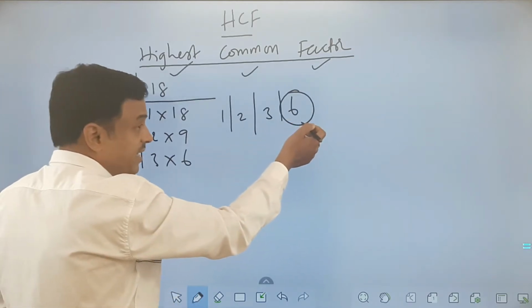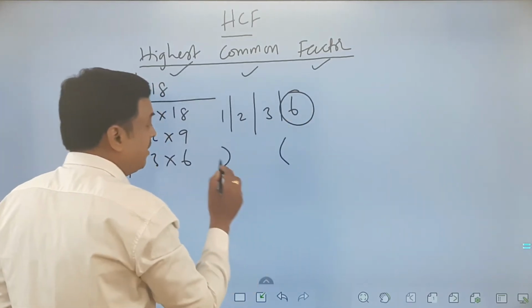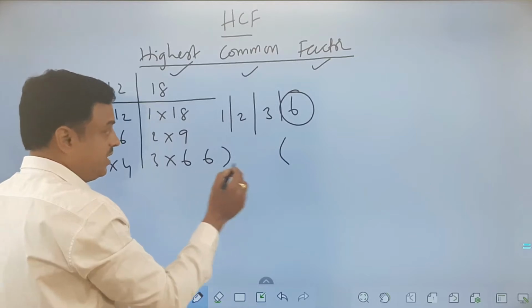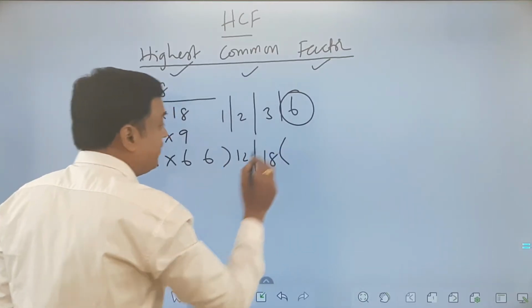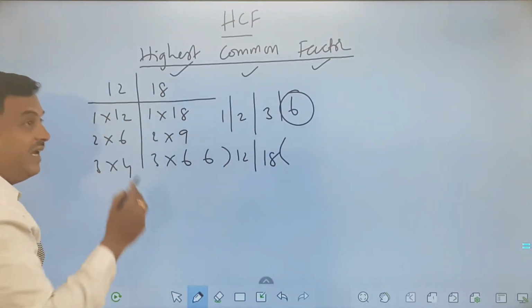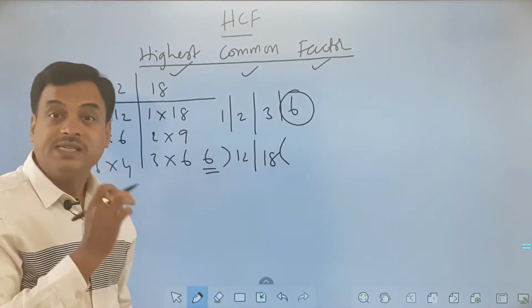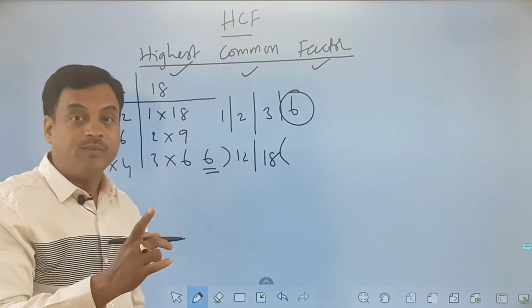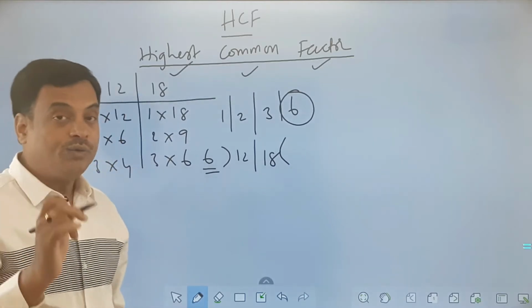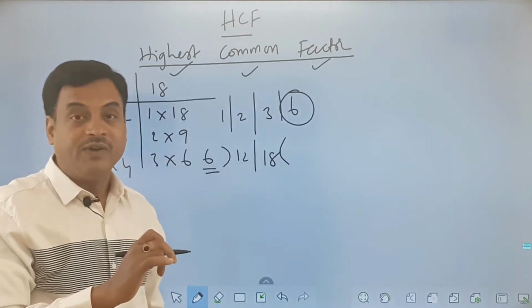Now what is the significance of this number? If I take the number in the divisor position, I can divide both the given numbers, both 12 and 18. Such a number I am trying to find here, which is 6. So 6 is a common number which can divide both of them. Now do you think 6 is the only number which can divide both the numbers?